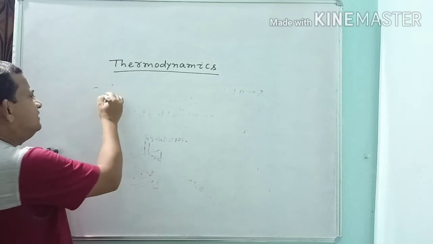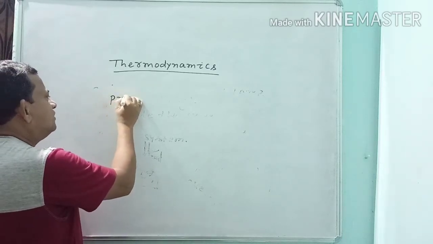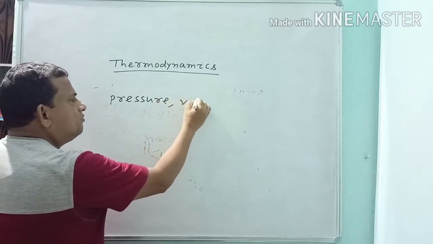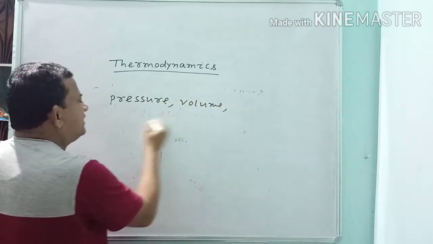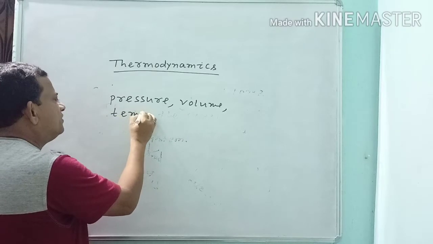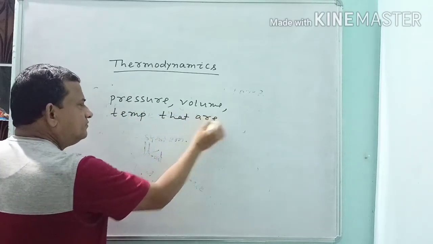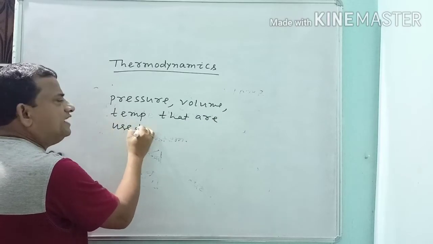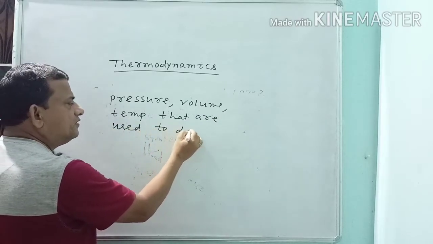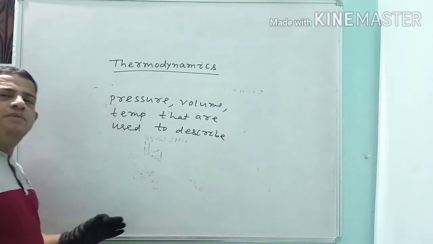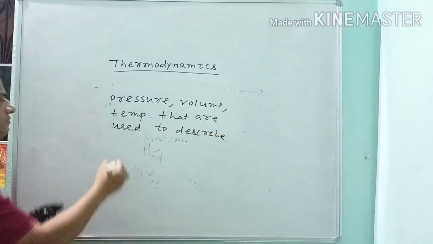One can write pressure, volume, temperature, that are used to describe the behavior of a gas.